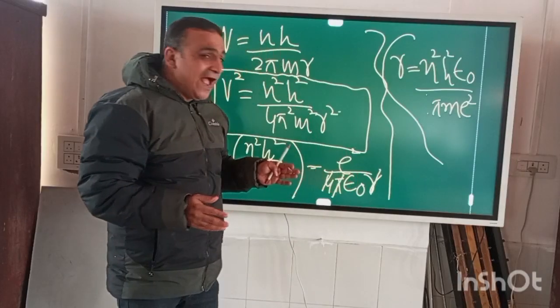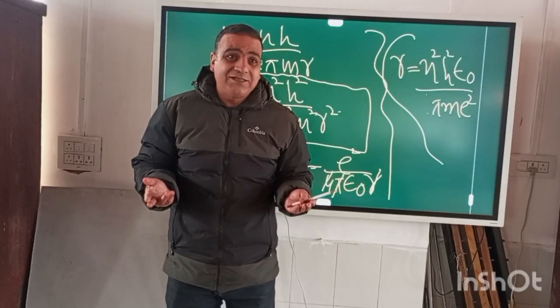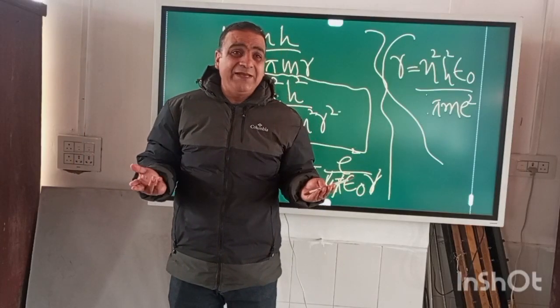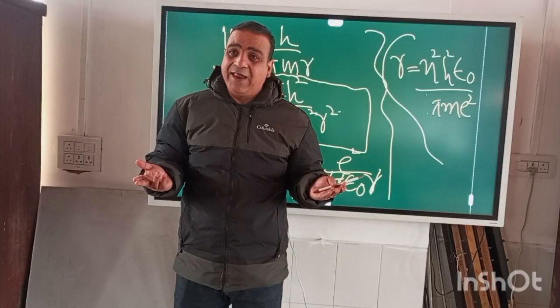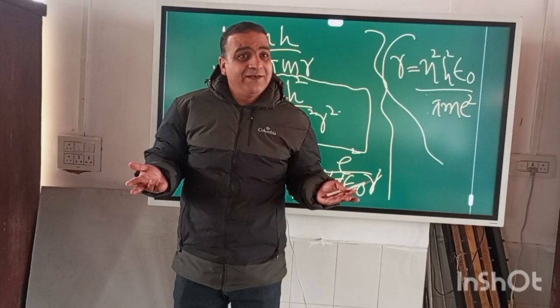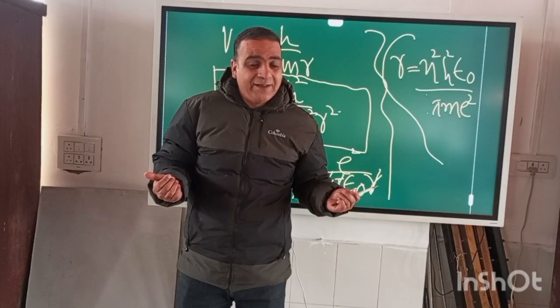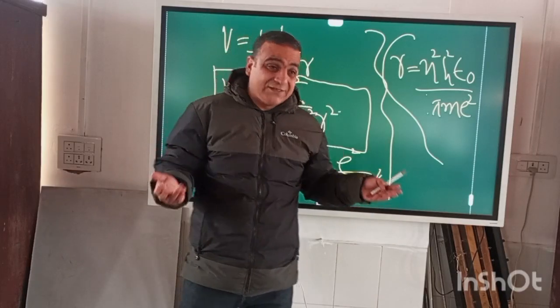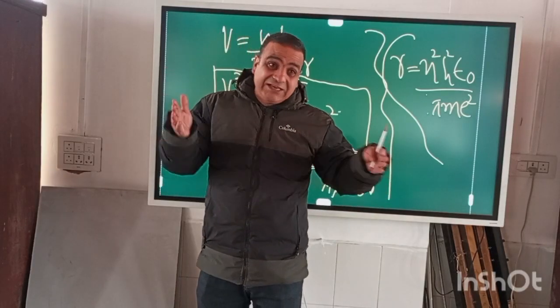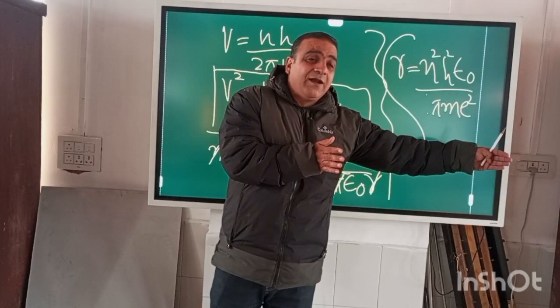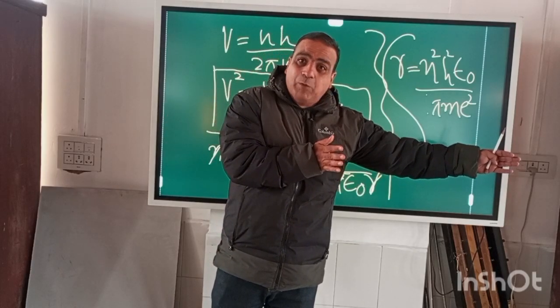And see, I used an argument. What does Bohr say? He says angular momentum is an integral multiple of h by 2 pi. He doesn't have any explanation for that. Are you getting my point? There is no explanation for it, but it works. It works as far as the experimental outcomes at the time of Niels Bohr were concerned.